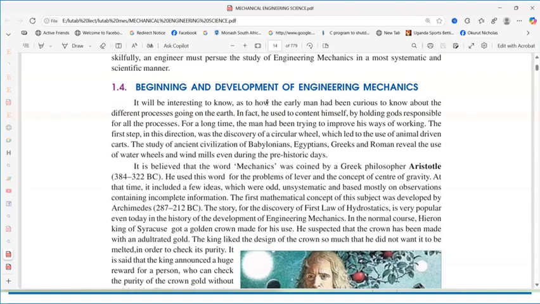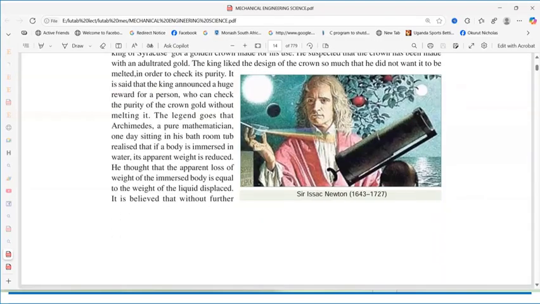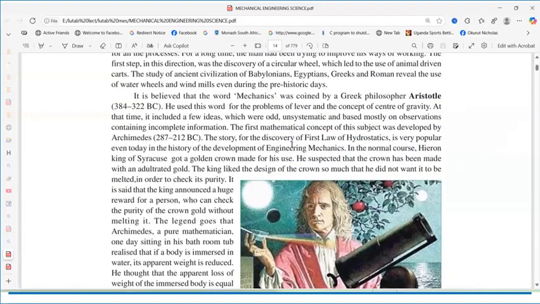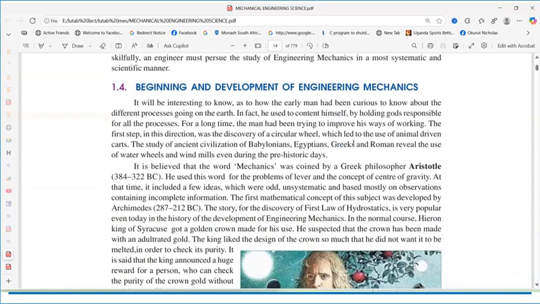So beginning and development of this engineering mechanics, you will be able to read through all of this, but there are people or strong pillars behind the development of engineering mechanics. And one of them is Aristotle.